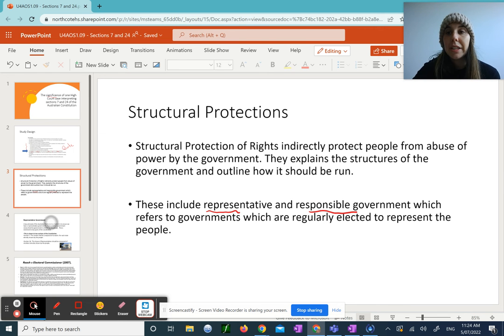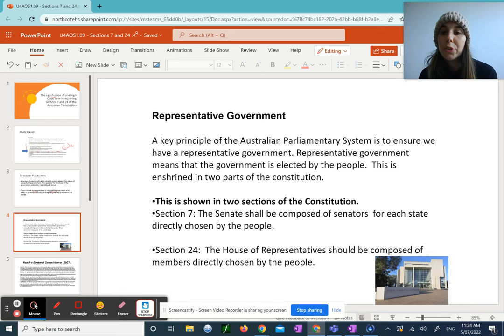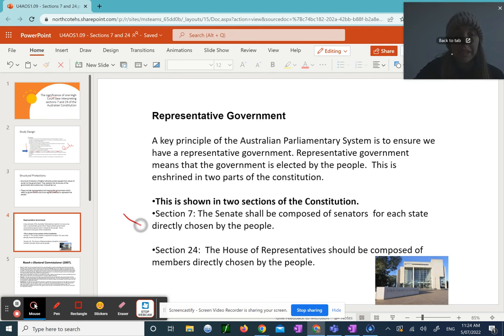Okay, so in the Constitution, we have two parts that specifically define representative government for the Australian Parliament, so for the Commonwealth Government. And these two sections are known as Section 7 and 24, which we can see here. Okay, so representative government is outlined by Section 7, which states the following things.